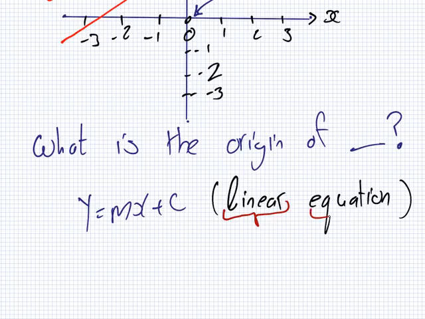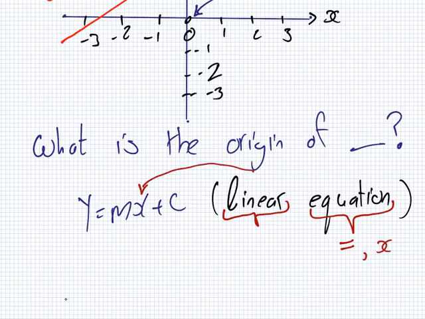And equation, maybe some people heard this word before, that's because it has an equals, an x and a y, or even just an x, an equals and an x. And the linear is because of this x there.